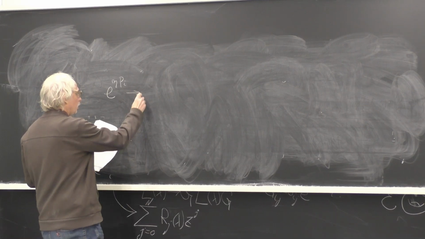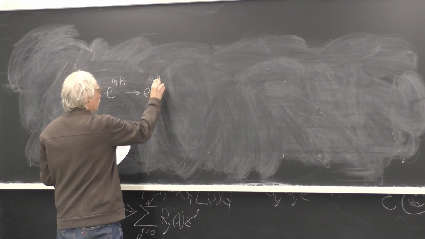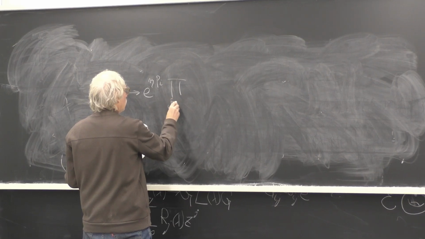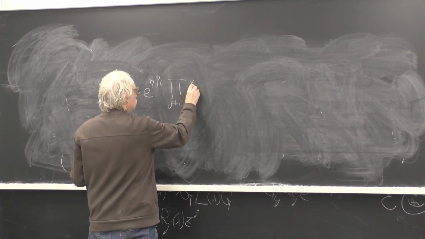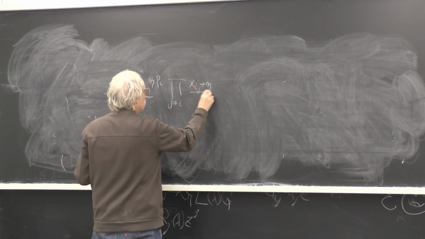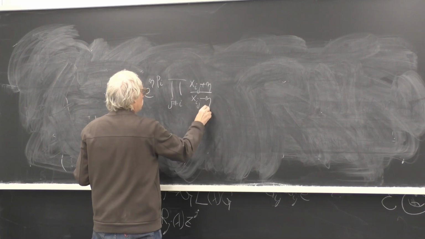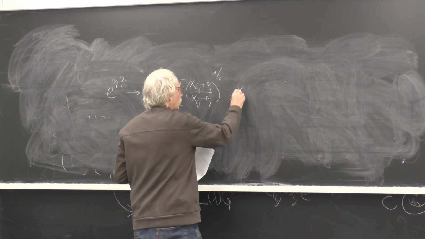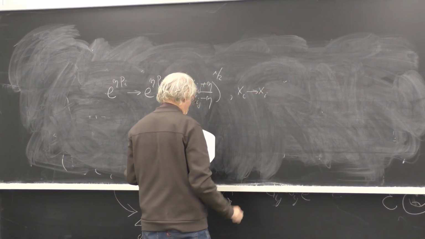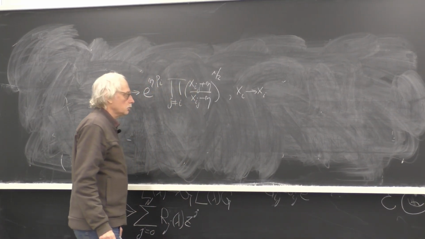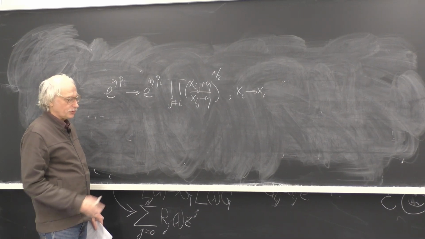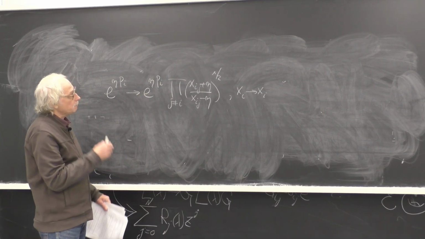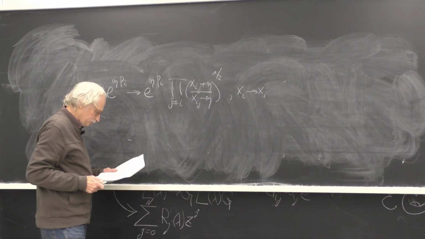This exponent transforms into, and xi becomes the same. The problem is to prove that this transformation is canonical.